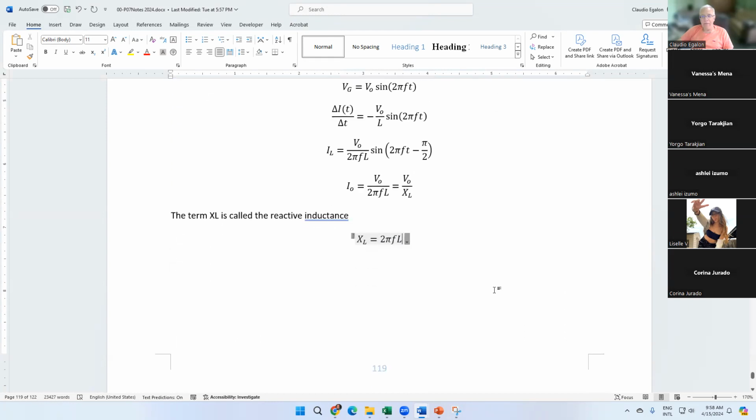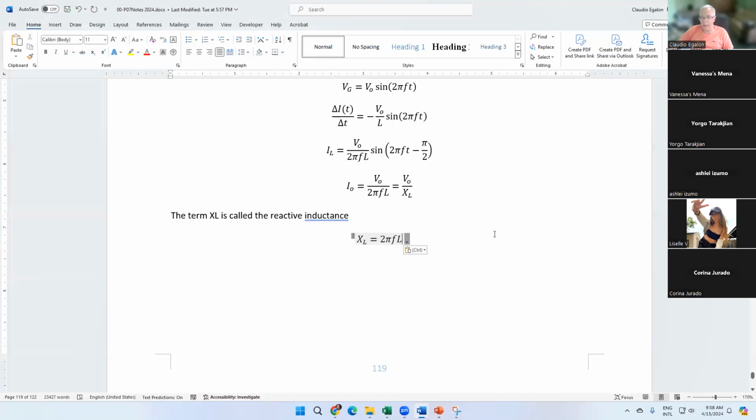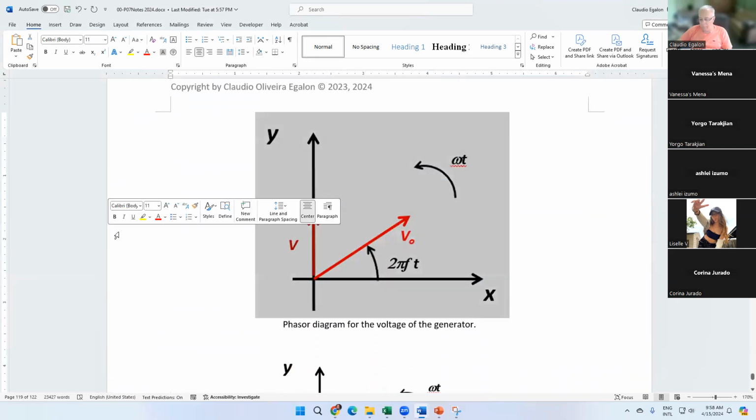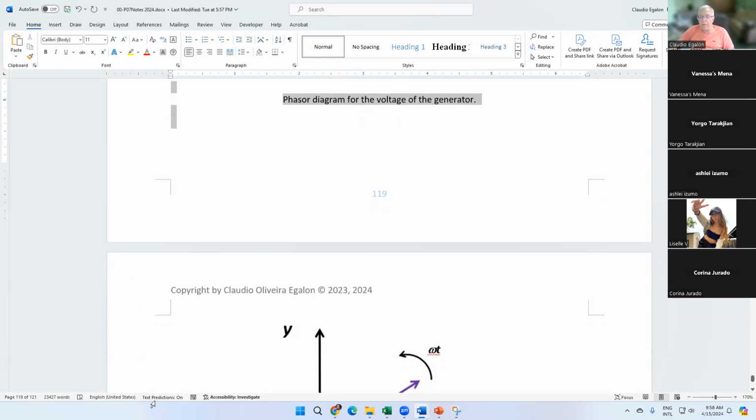And now we have this table here. Oh, we still have to write down and display the phasor diagram, right? I'm going to get rid of that. I don't need to show the phasor diagram for the generator again because you already know that, right?